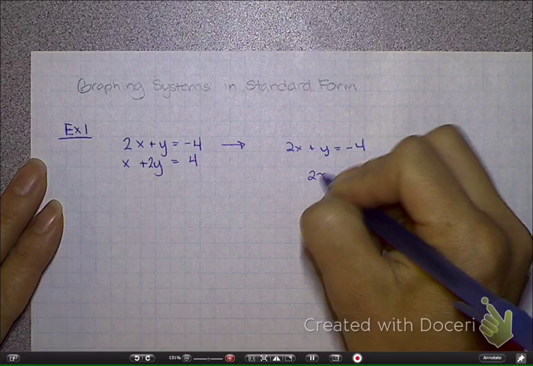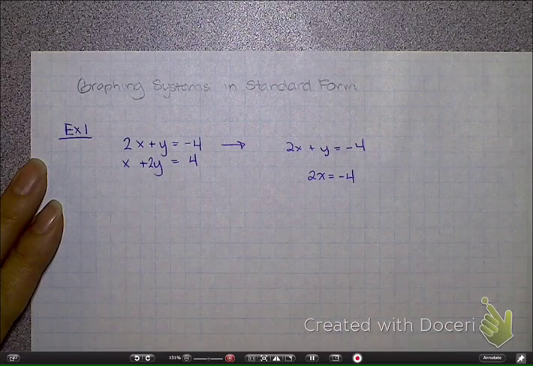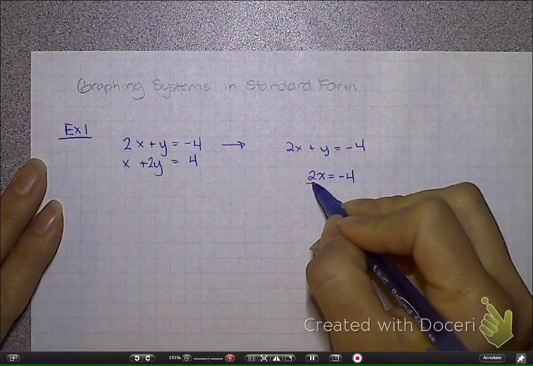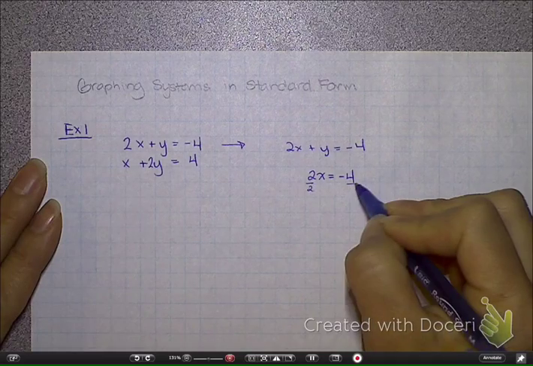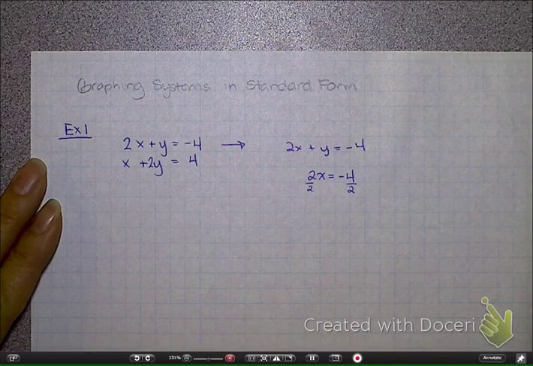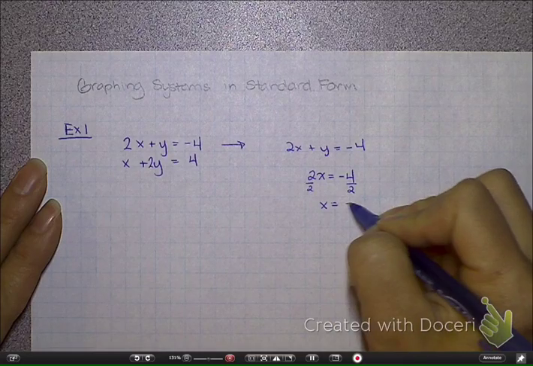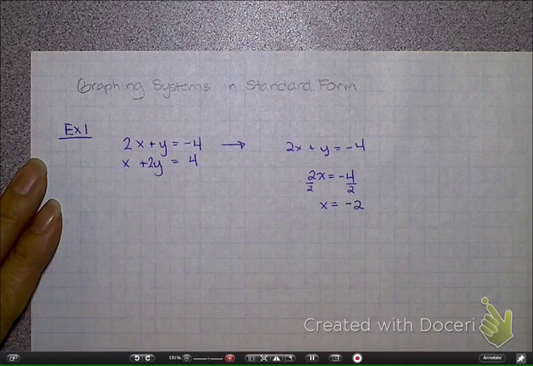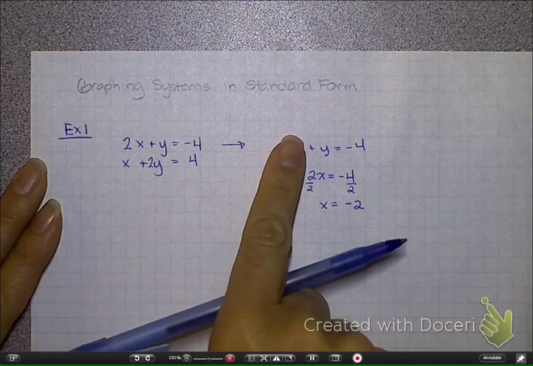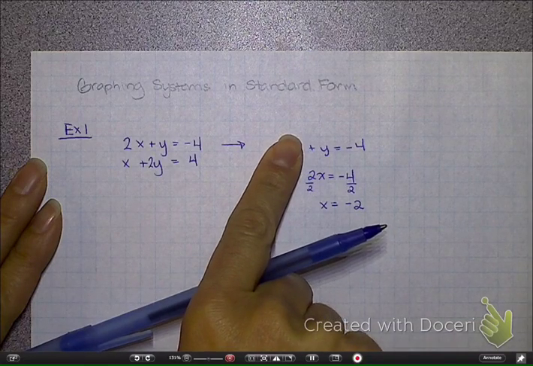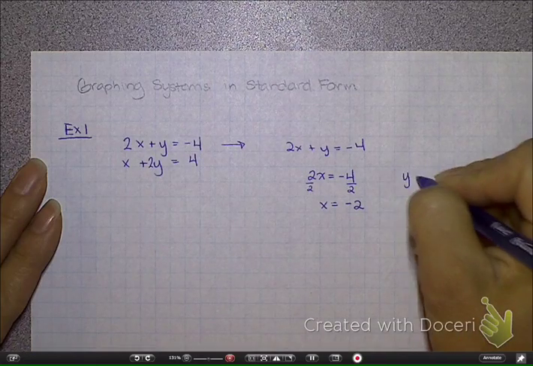So what do I get for my x-intercept? What's the x-intercept there? -2, right? Okay, then if I cover up and solve for y, well, there's nothing really to solve because y is already by itself, right?